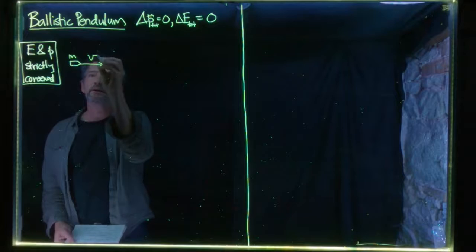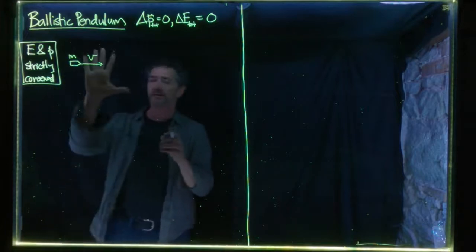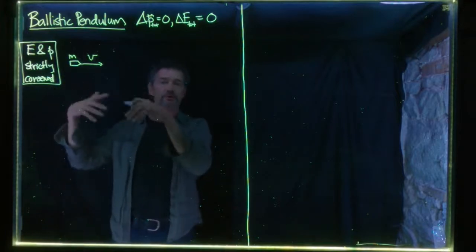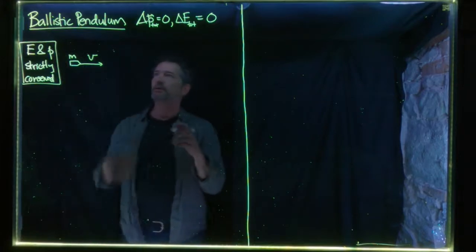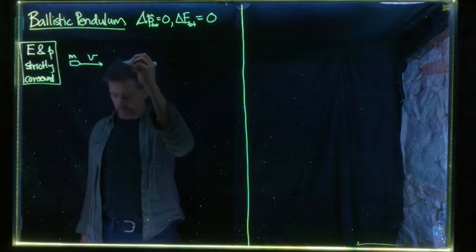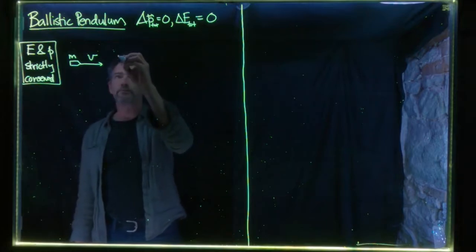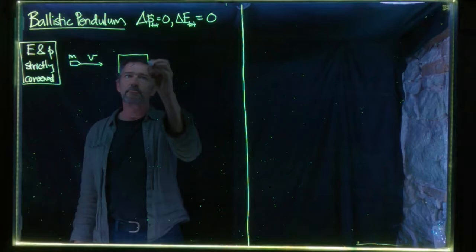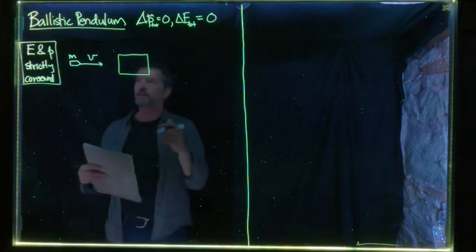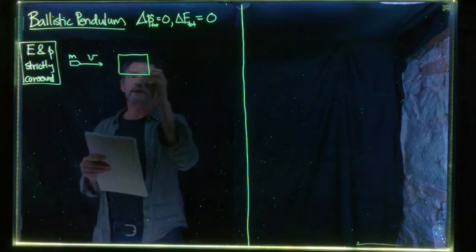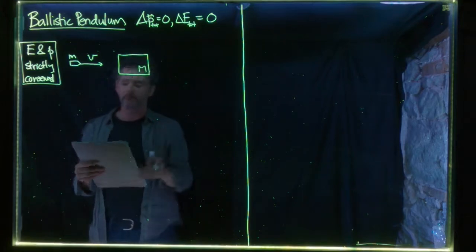to the right. Okay, so this bullet has some quantity of motion stored in it, some momentum stored in it, mass times the velocity. And then the idea is that bullet hits a block. So this is a block of wood, let's say. And this block of wood is of some much larger mass, big M, let's say.